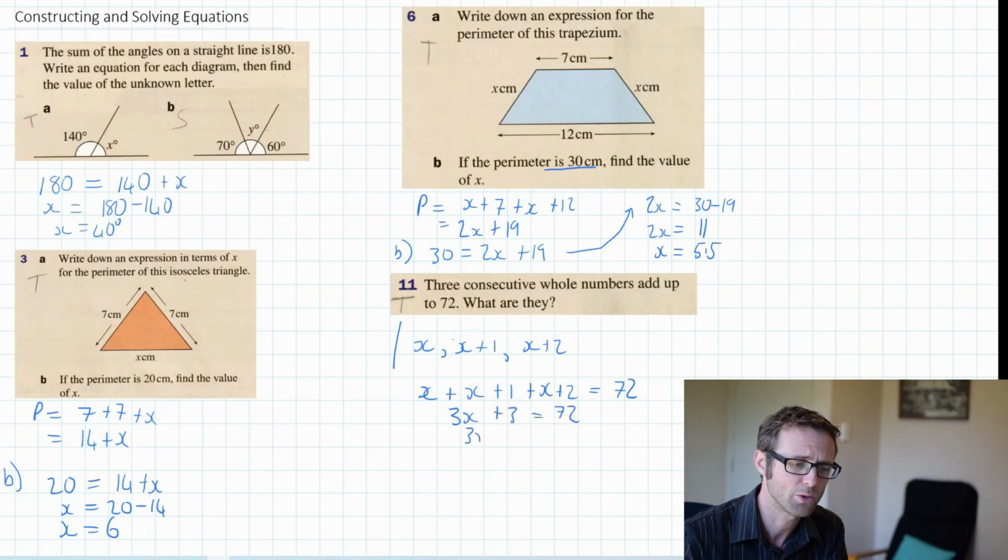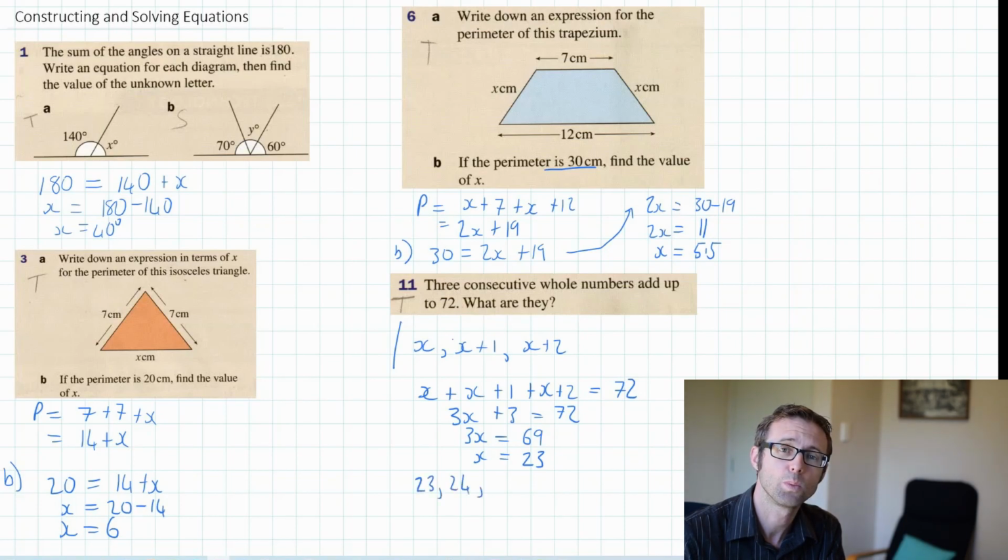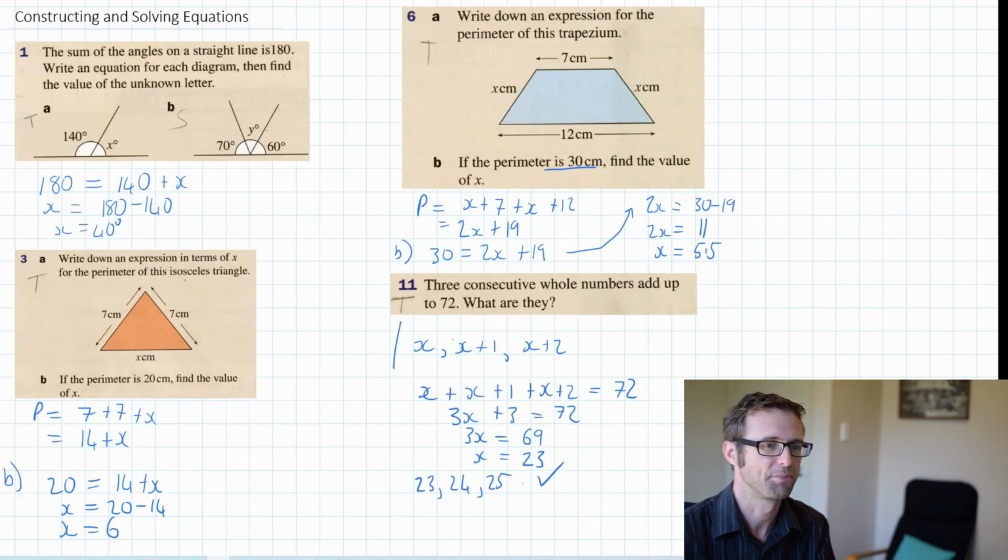My next line will be 3x equals 72 minus 3, which is 69, and therefore x is going to be 23. So our 3 numbers are therefore going to be 23, x plus 1 will be 24, and x plus 2 will be 25. Now when you add those 3 together, you will get 72, so we are correct.